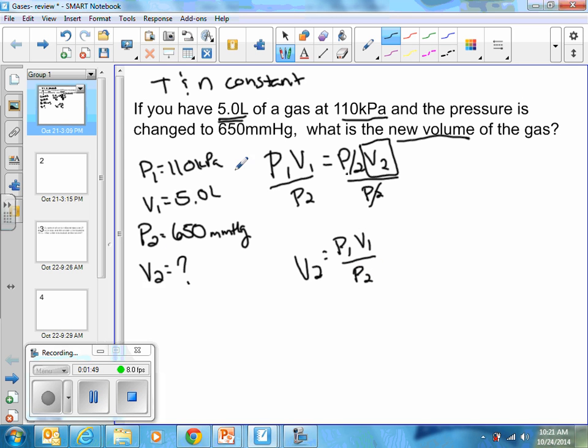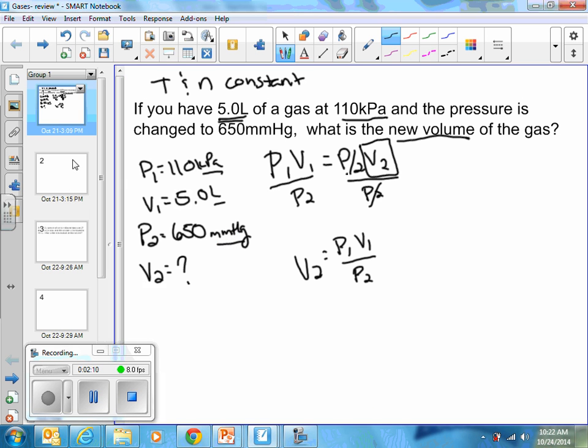Now the trouble is I can sub these variables into the equation, but they have to be consistent units. We always want to have our pressure in kilopascals and our volume in liters. So my volume and my initial pressure are fine, but my final pressure, P2, is in millimeters of mercury. So I can't substitute this into the formula as it is.